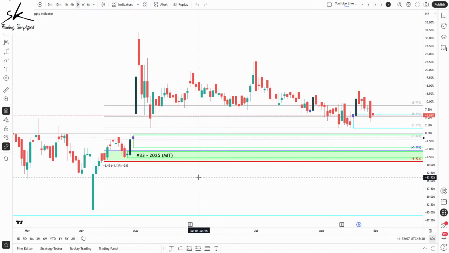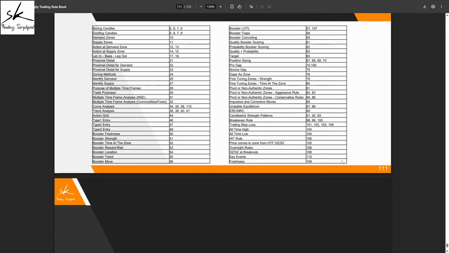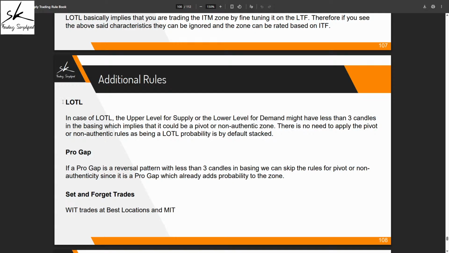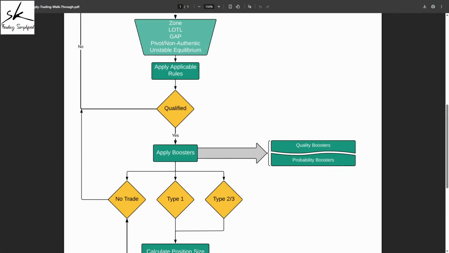So we should be applying the rules of pivot non-authentic, but if you go to the rule book, you will see there are some exceptions. Those exceptions are that in case of level on top of level, there is no need to apply pivot or non-authentic rules, because the positive factor we are looking for, we are already getting, being a case of level on top of level, right? So we can skip the rule of pivot and non-authenticity.